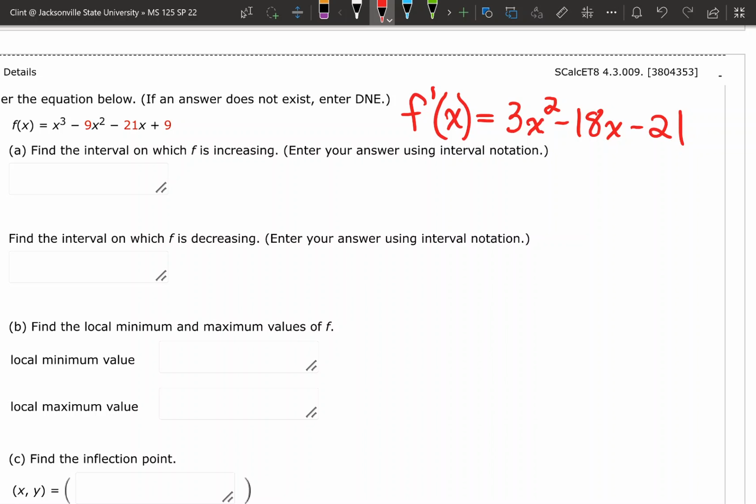And what we need to figure out is where our derivative will be 0, and then we can plug in some test points in between those values and figure out where we're increasing or decreasing. So we take our derivative and set it equal to 0. One thing I'm seeing is we've got a common factor of 3 we can factor out, so I'm going to do that as I set it equal to 0.